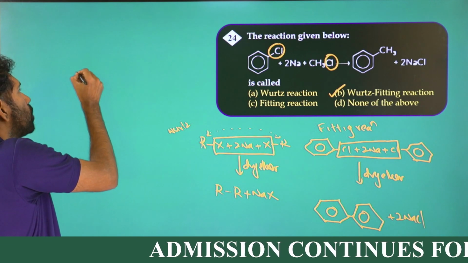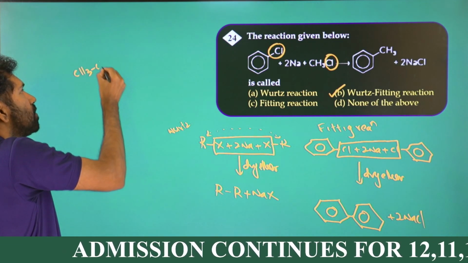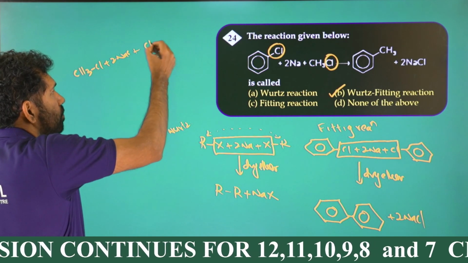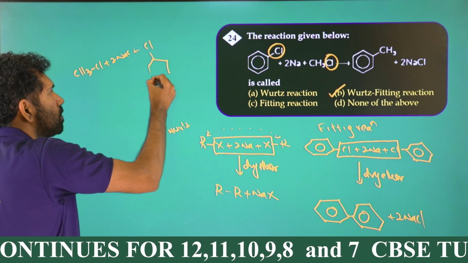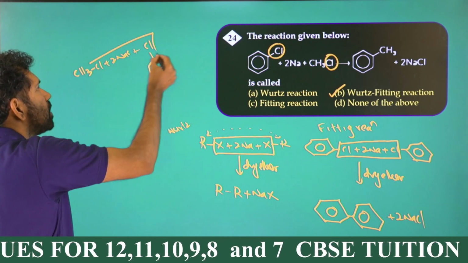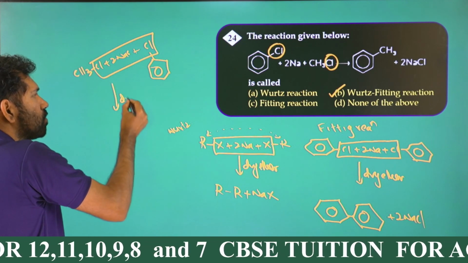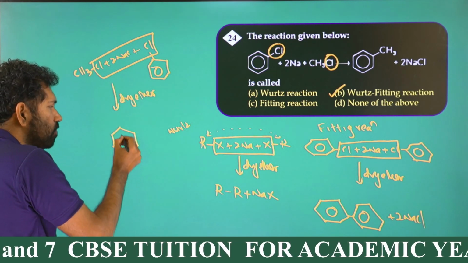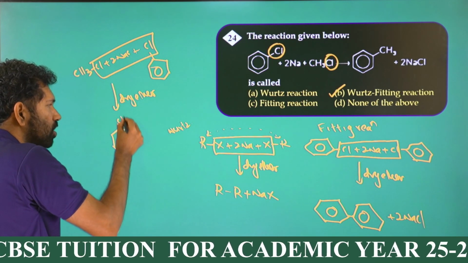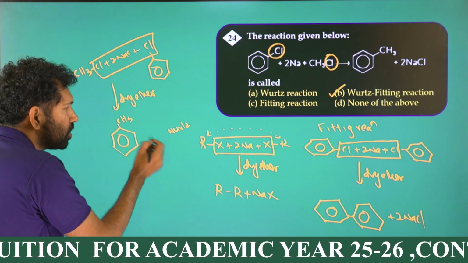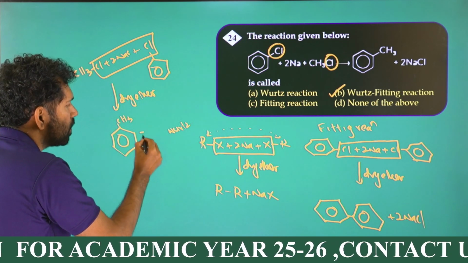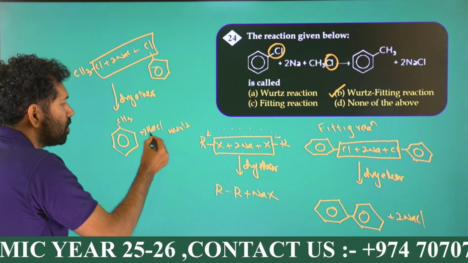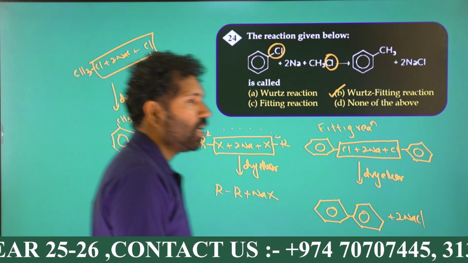Suppose you have the alkyl halide CH3Cl plus metallic sodium plus the halogen compound chlorobenzene. Now we are removing Na and Cl in presence of dry ether. You will get toluene, plus 2NaCl. This reaction we call the Wurtz-Fittig reaction, right?